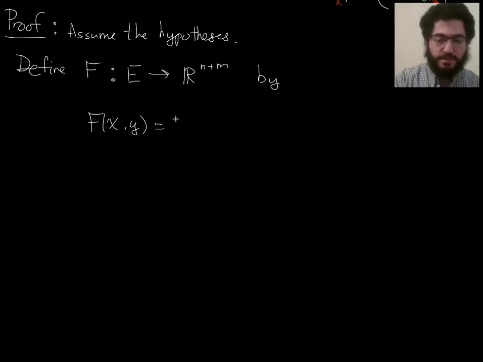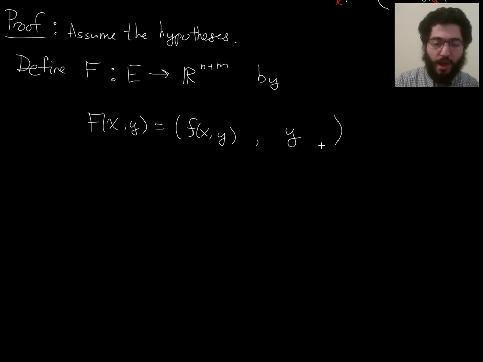We're going to define it to be the following point in R^(n+m), thought of as a pair of something in R^n and something in R^m. The first component will be whatever little f outputs. Little f outputs something in R^n. And the second component will be y, just y again.